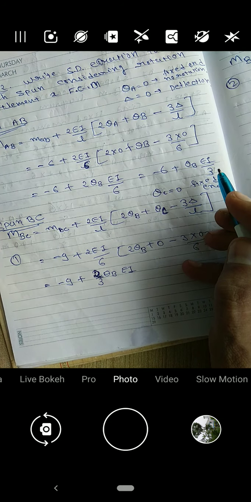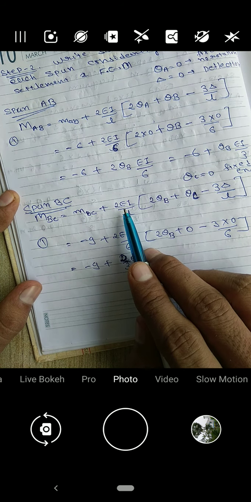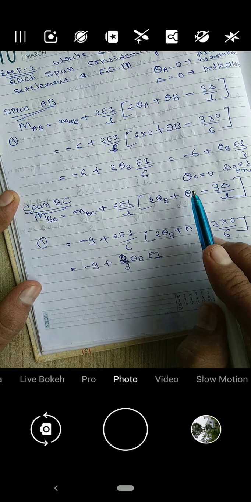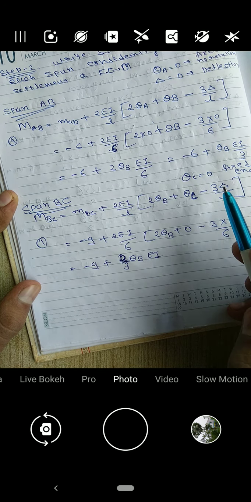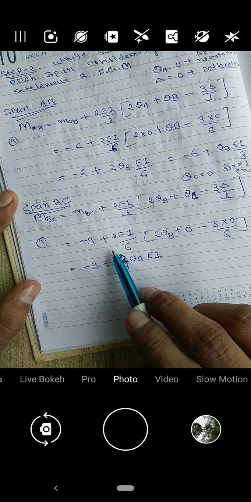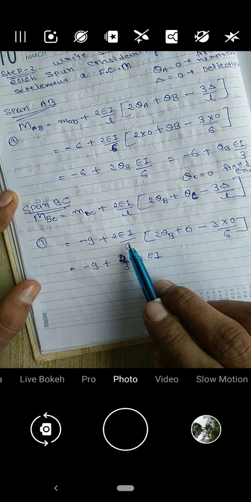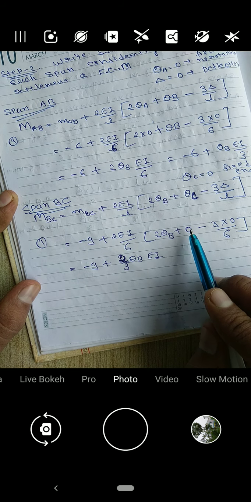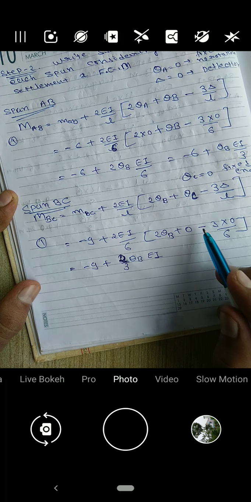Similar way we find the slope deflection equation for span BC. MBC is equal to MBC plus 2EI by L in the bracket 2 theta B plus theta C minus 3 delta by L. Similar way the MBC was already found as minus 9, then 2EI by L, the distance BC is equal to 6, L is equal to 6, and 2 theta B plus 0 because the fixed end rotation is 0, minus 3 delta also, these two terms will be 0.